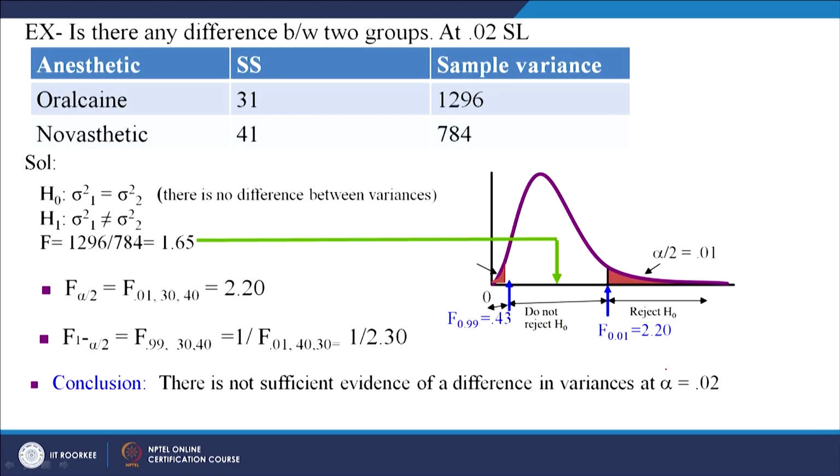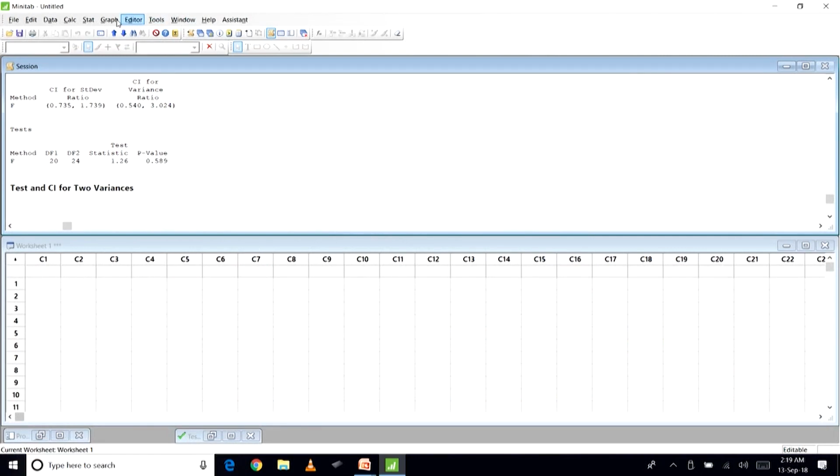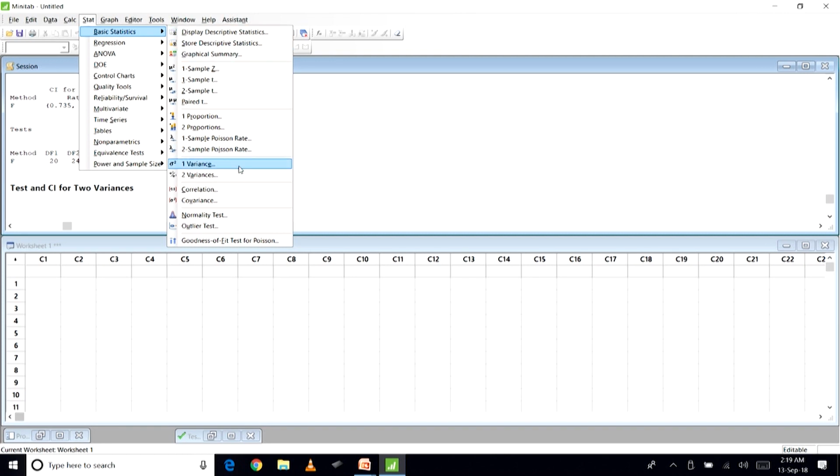Similar to the previous example, we can work out the upper limit and lower limit for this as well, and since the calculated F value is in the non-rejection region, we will not reject the null hypothesis. We will say that there is no sufficient evidence of a difference in variances at 0.02 alpha. So, let us look at this question using Minitab. Go to Stat, Basic Statistics, Two Variances.